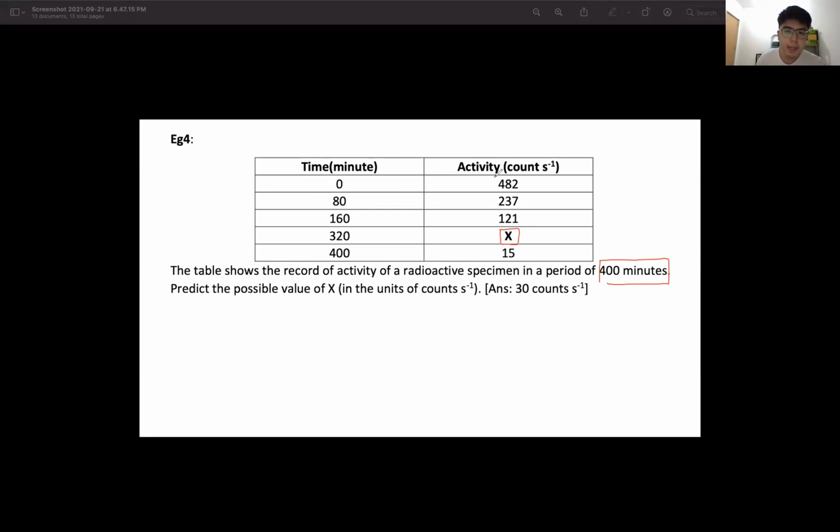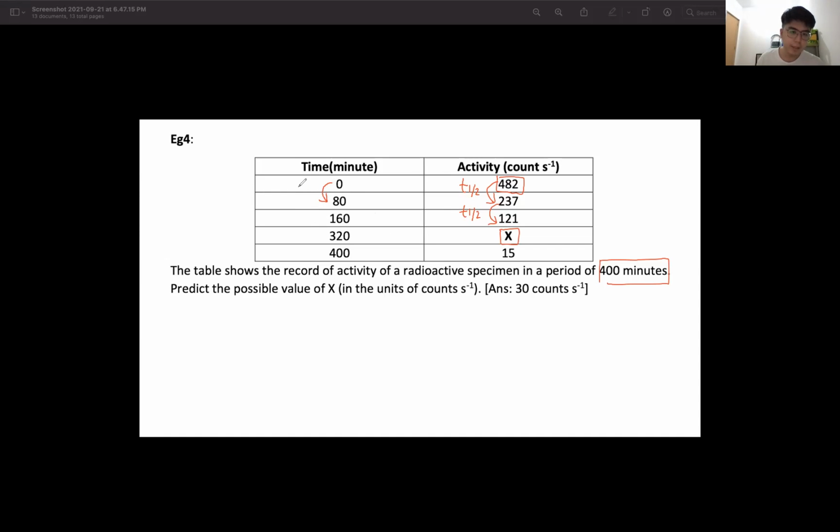Okay, from here we can see activity 482 down to 237. That's half of it, right? So that's one half-life. 237 down to 121. Again, another half-life. Now, look at the timer, 0 to 80.